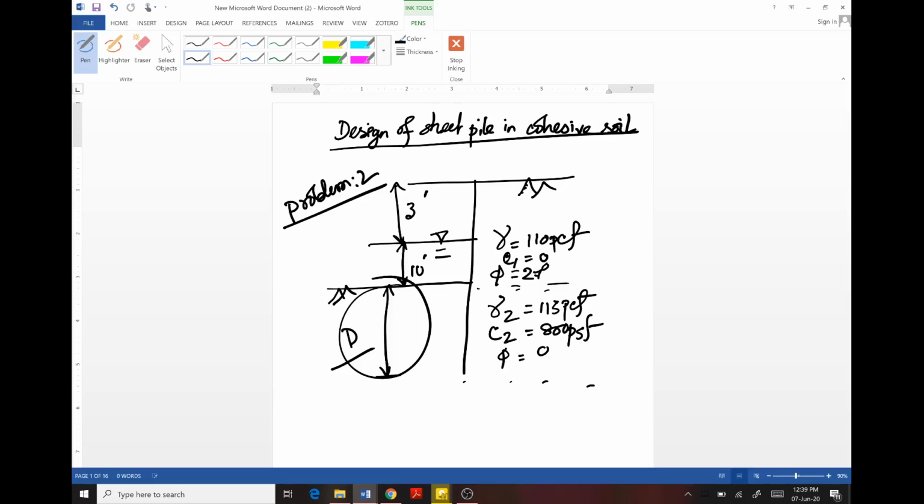So we are solving the problem of the second case, which is this cantilever sheet pile is driven in clay soil, which is this, but backfilled with sand layer. The backfill, we can see the properties C equals to 0 and phi equals to 27 degree. That means purely granular soil. As a backfill, the soil used is purely cohesionless soil.